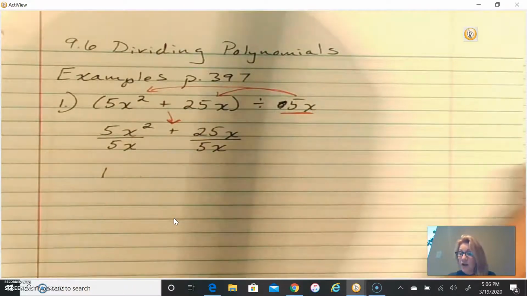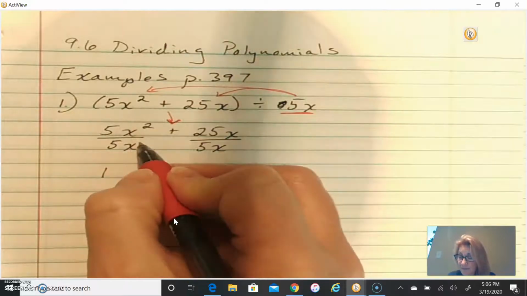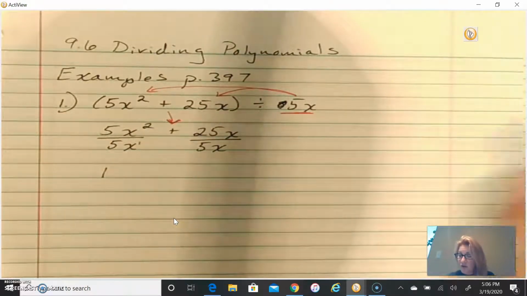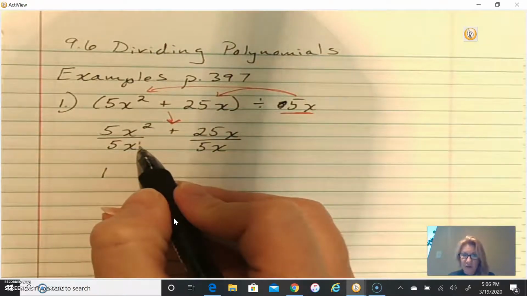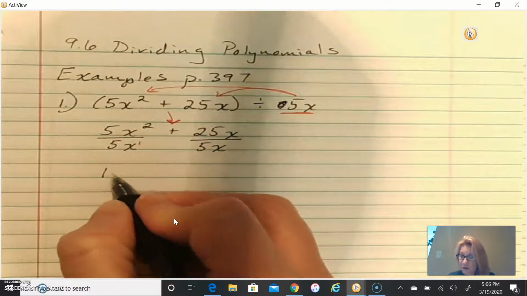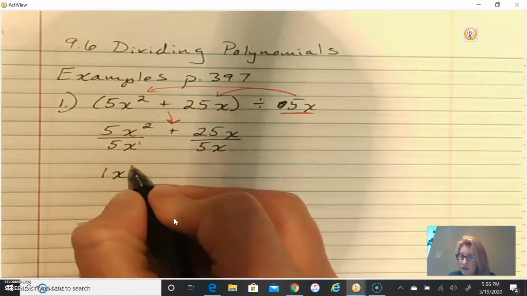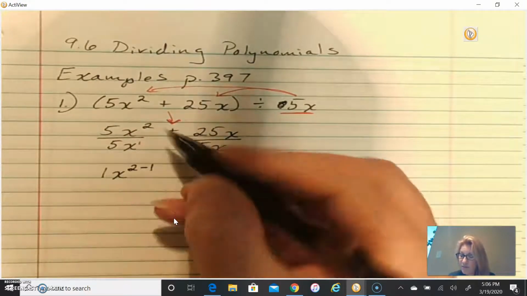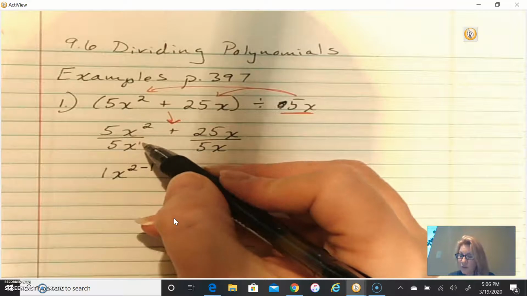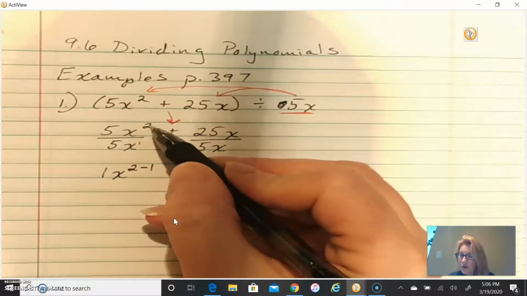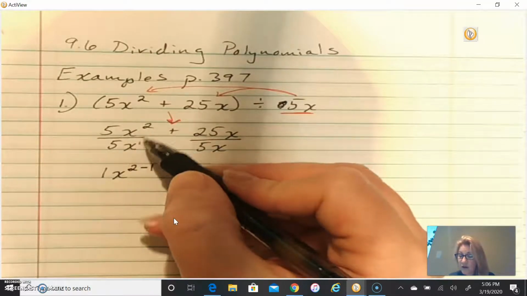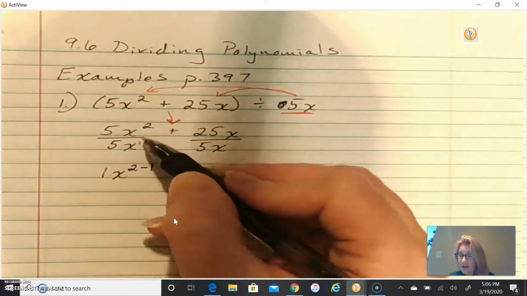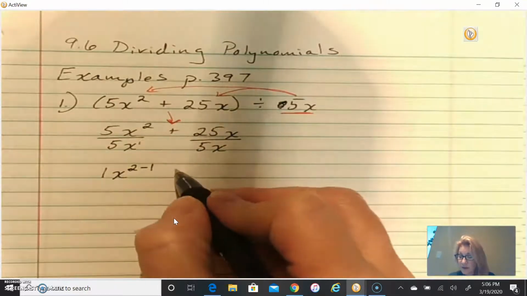We're dividing, so we subtract the exponents. And remember, if there's no exponent there, we pretend it's a 1. So x squared divided by x^1 is really x^(2-1).